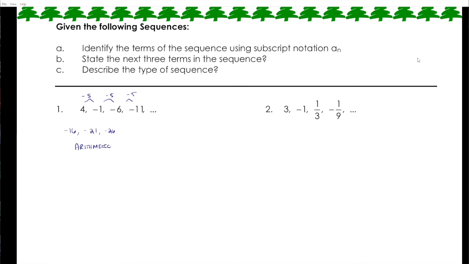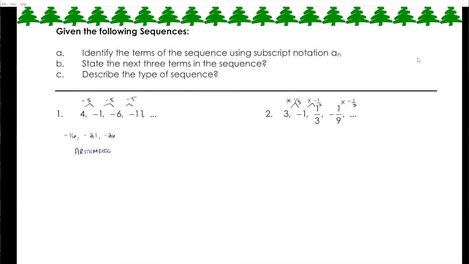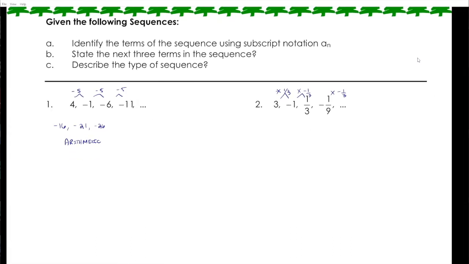Over here, 3 to negative 1, they multiplied by negative 1/3. Negative 1 to 1/3, multiply by negative 1/3. 1/3 to negative 1/9, multiply by negative 1/3. So our next three terms, we were negative, now we're going to be positive.